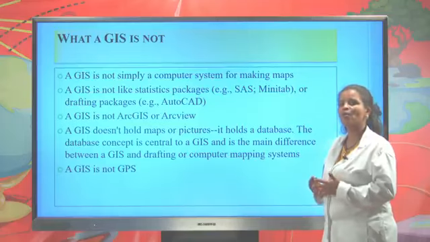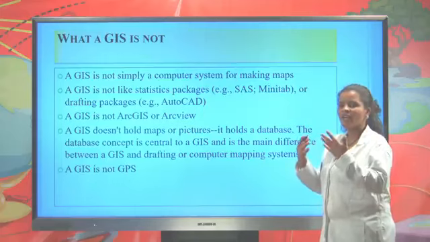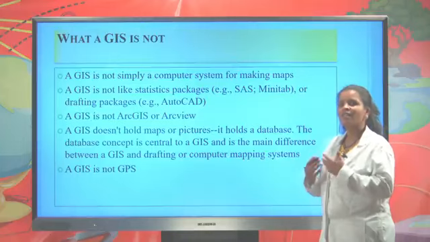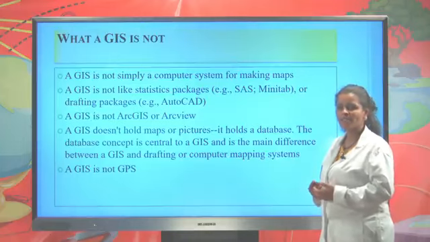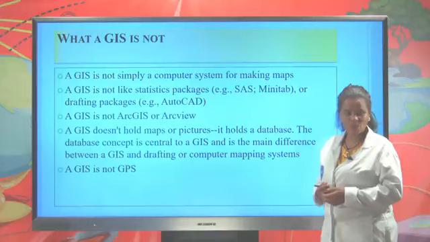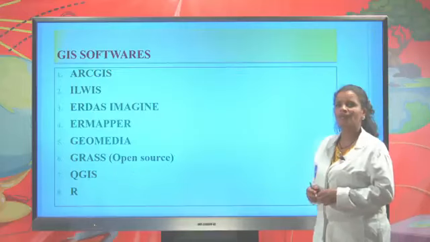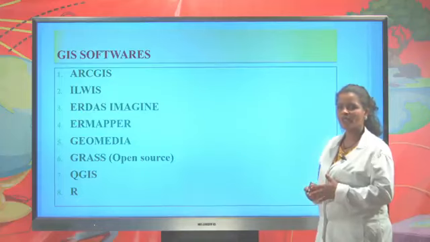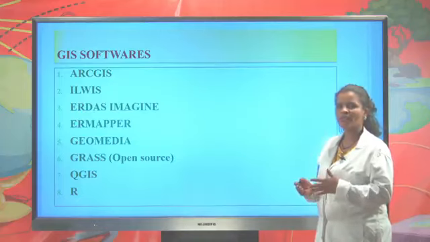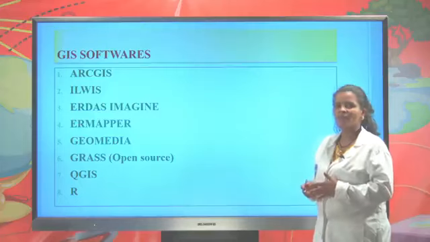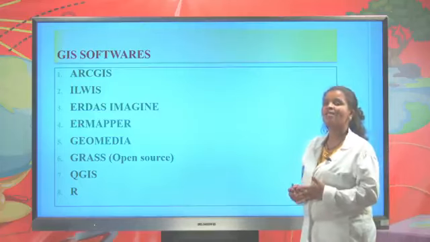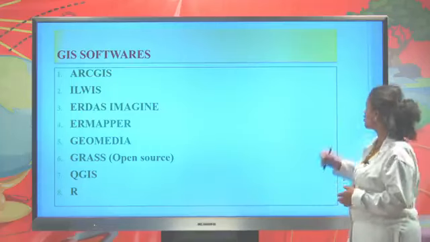The database concept is central to a GIS and is the main difference between GIS and drafting or computer mapping systems. GIS is not a GPS. GIS software includes ArcGIS, ILWIS, AirMapper, GeoMedia, GRASS, or open source QGIS.